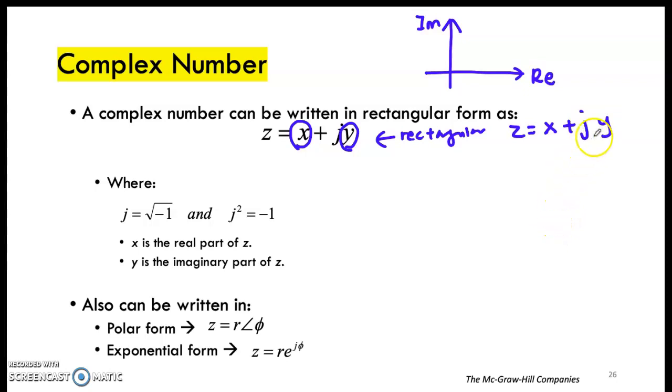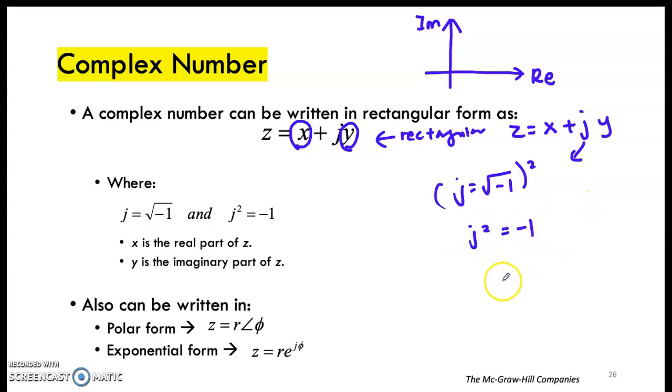So what is j here? j is the imaginary unit. j is equal to the square root of minus 1, or if you square it, j squared is equal to minus 1.